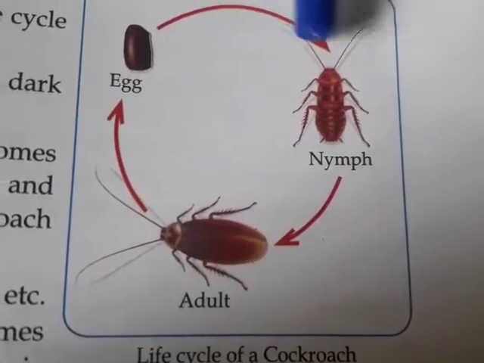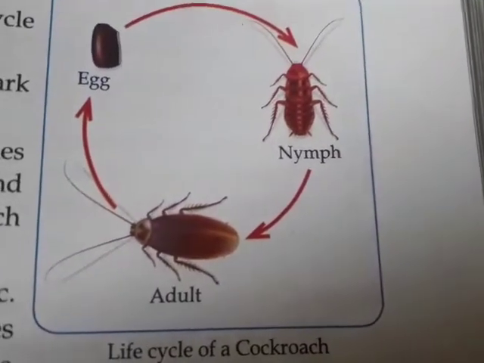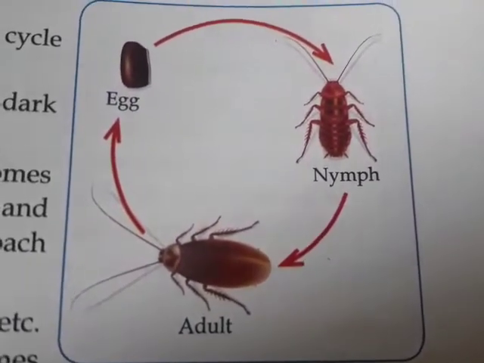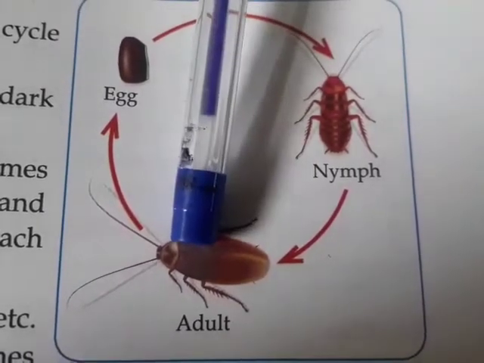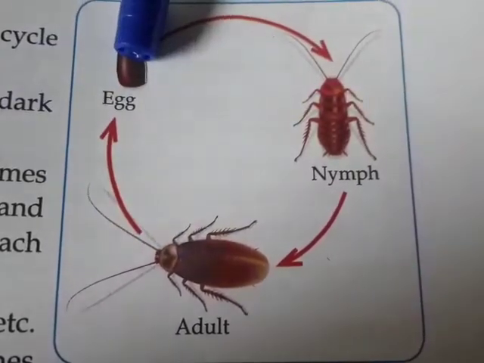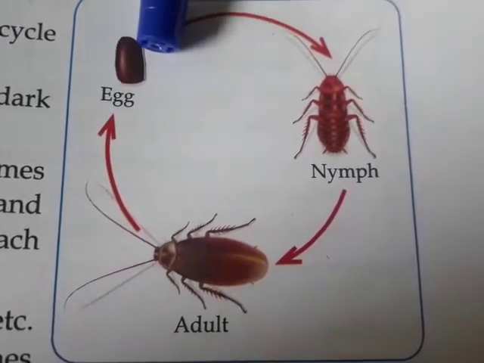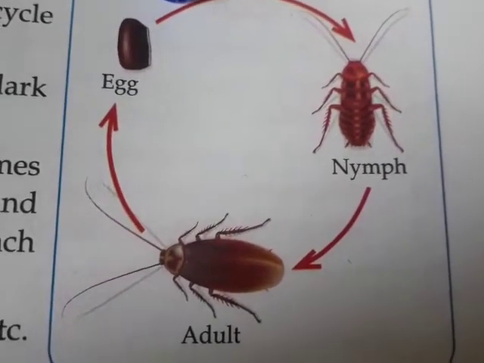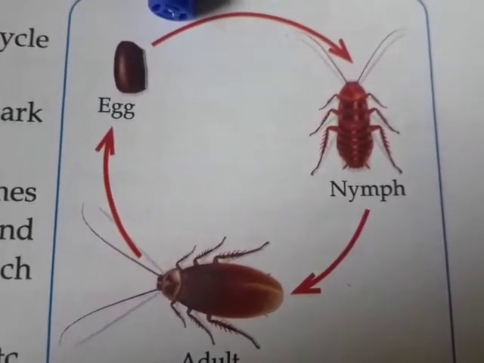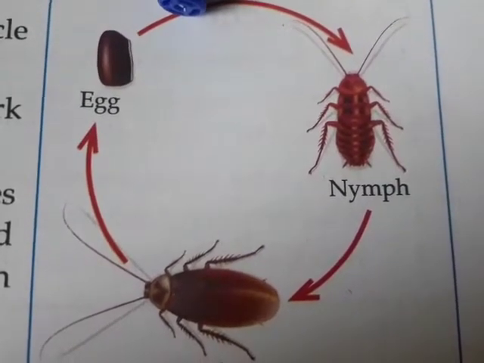This is the life cycle of a cockroach. Now you all must have seen cockroaches at home or outside your house. Yes. So the adult cockroach lays eggs. It will lay them in a place where there is darkness, inside cabinets or a case, and the place should also be safe.